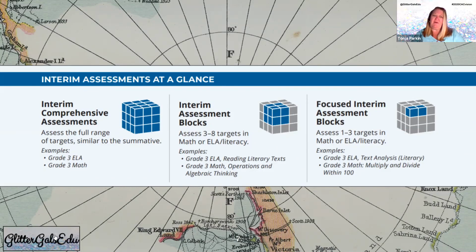Then we think about the IABs, or the interim assessment blocks. That's that second visual that you see on your screen. And those are designed as a step down, so a tier, kind of, if you imagine that we're focusing in and becoming more and more targeted. The IABs are more targeted than the ICAs. And these assess 3 to 8 targets in either math or ELA.